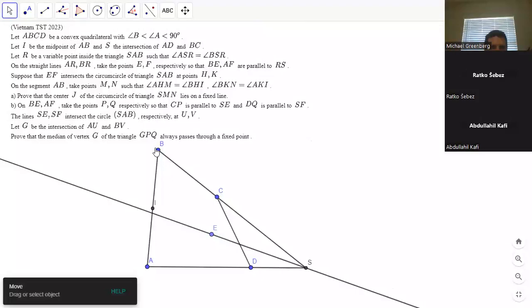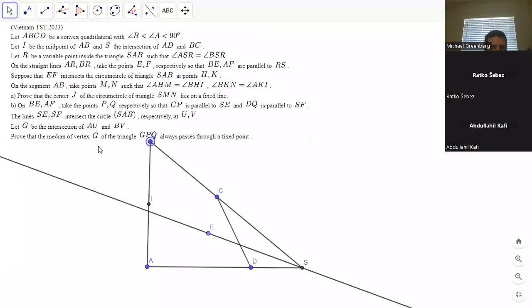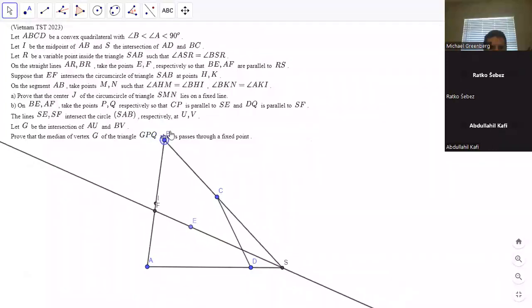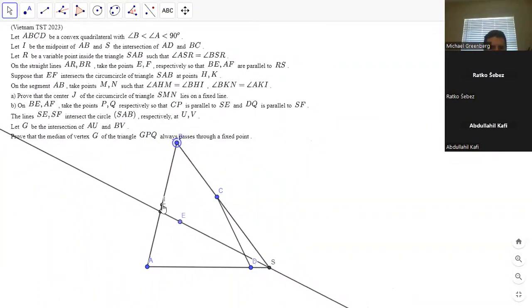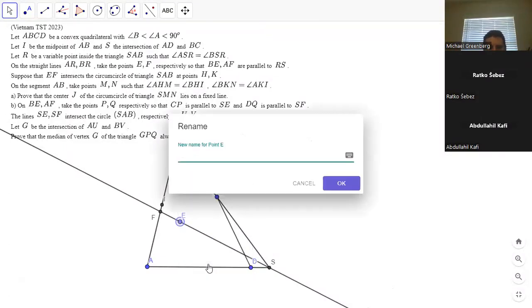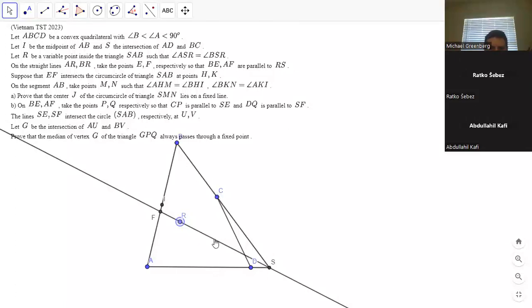Let me draw the foot of the bisector from this point on, but I want to make sure angle A is still less than 90. Maybe something like that. So this is R. Draw SF.